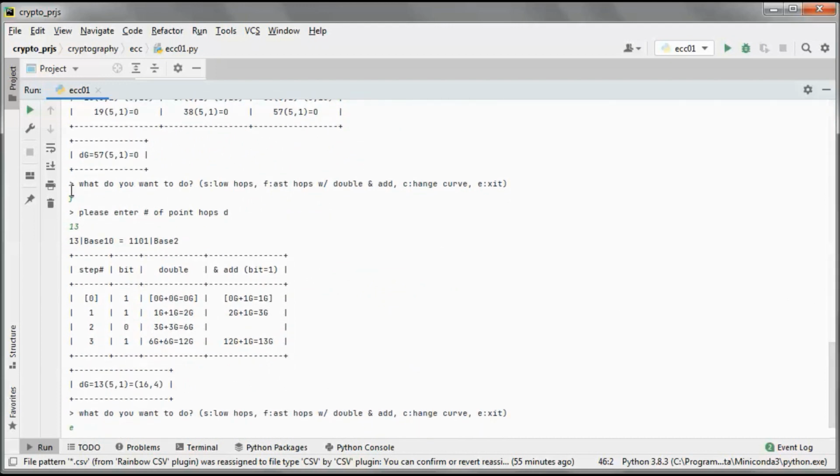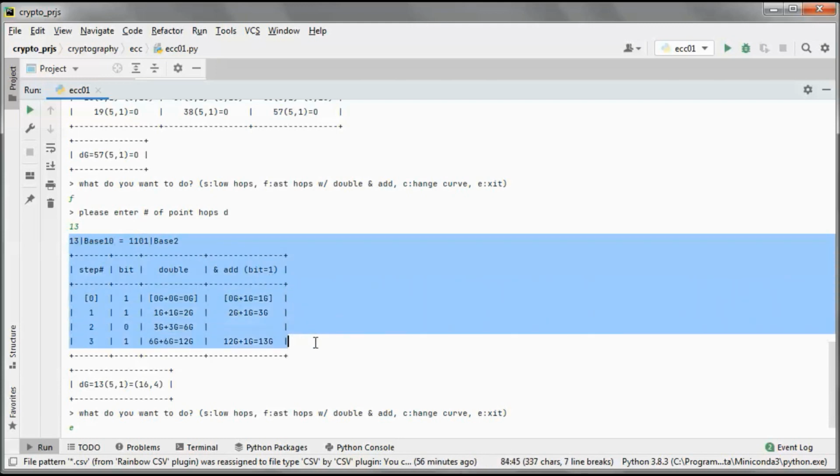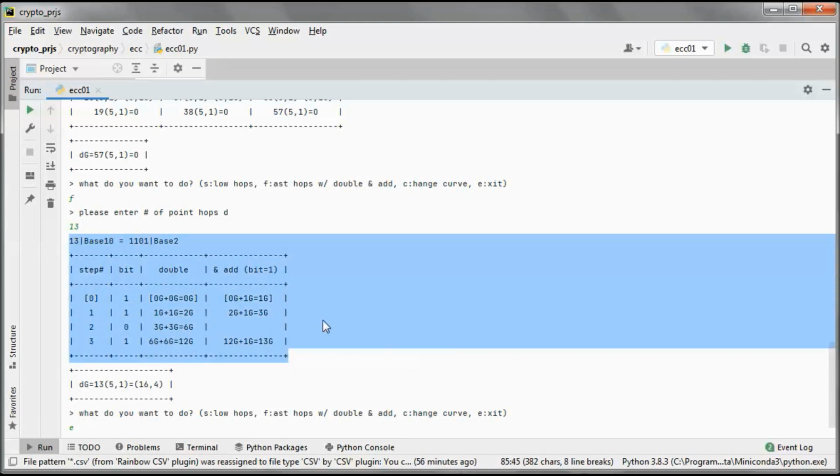So here we did fast hopping using the double and add algorithm, and we'll quickly go over how this works while writing and test running the application.